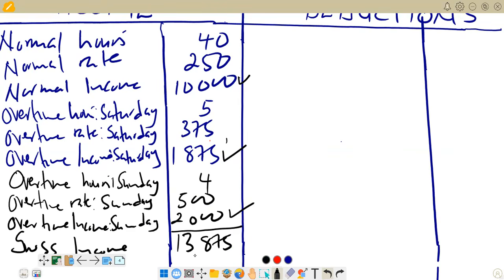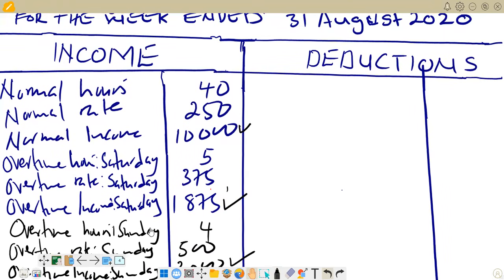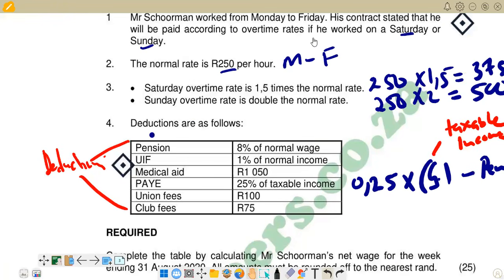So we now go to the deduction section. In the deduction section, we know that we've got some information that we need to follow so that we see the actual figures for deductions. Deductions, we are given, it's item 4. First of all, it's saying pension. It's 8% of normal wage. So we come back here to check what we have in terms of 8%.